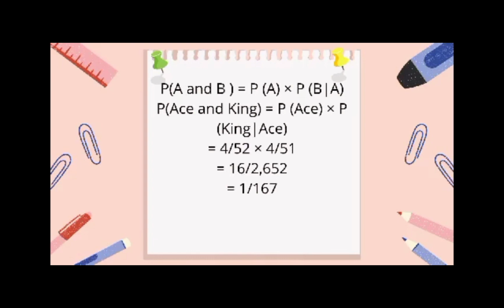Then we will multiply these probabilities together. 4 times 4 over 52 times 51, which equals 16 out of 2,652, equals 1 in a chance of 167. So 1 over 167 is our final answer.